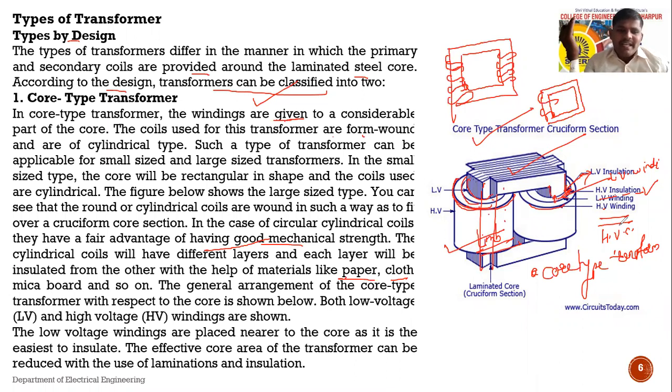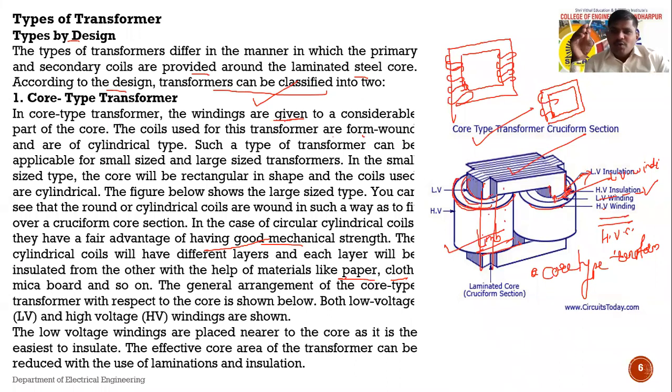The low voltage winding is placed nearer to the core, and the HV winding is wound around this LV winding by putting some insulating material in between the high voltage and low voltage windings.